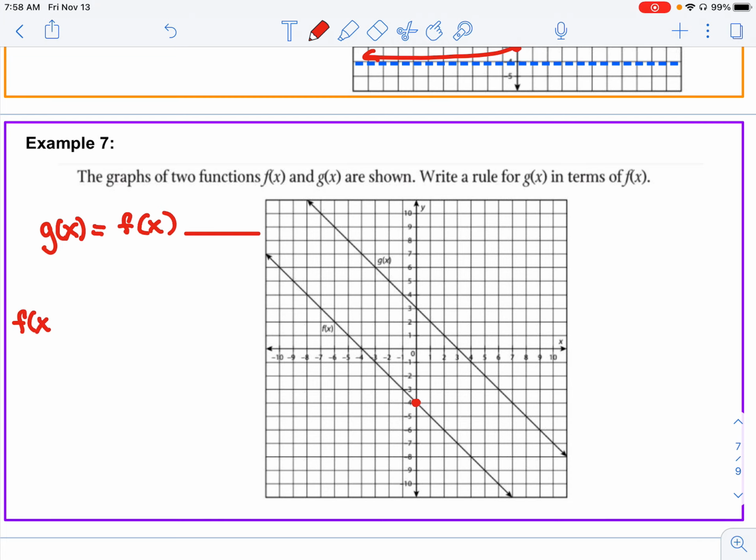So f of x looks like it's at the equation -x plus 4. And g of x is at -x plus 3. Excuse me, f of x is -x minus 4.